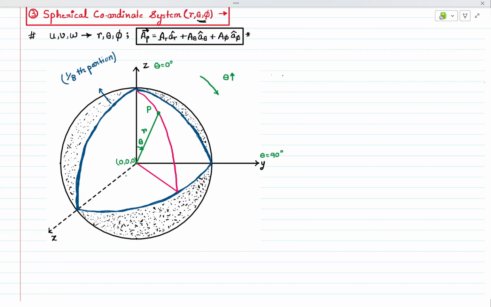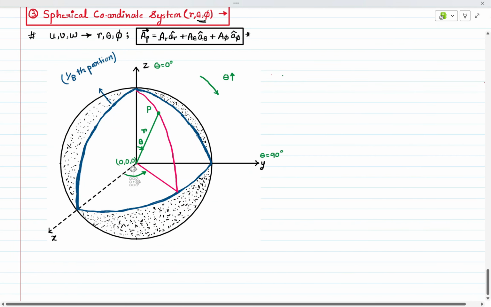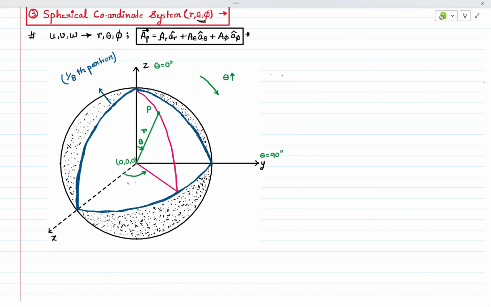Okay. Now what is phi? Phi is the same phi that you have studied in the cylindrical coordinate system, that is the angle with respect to the x axis. That is phi.